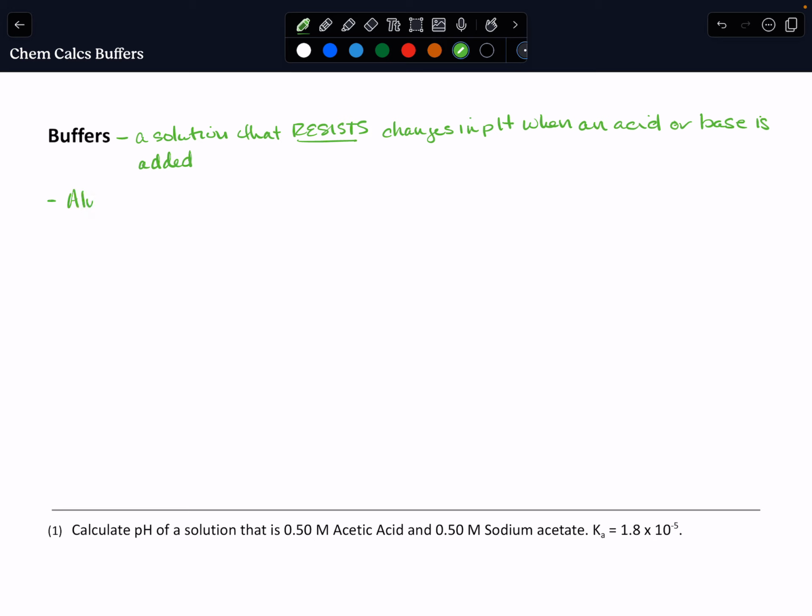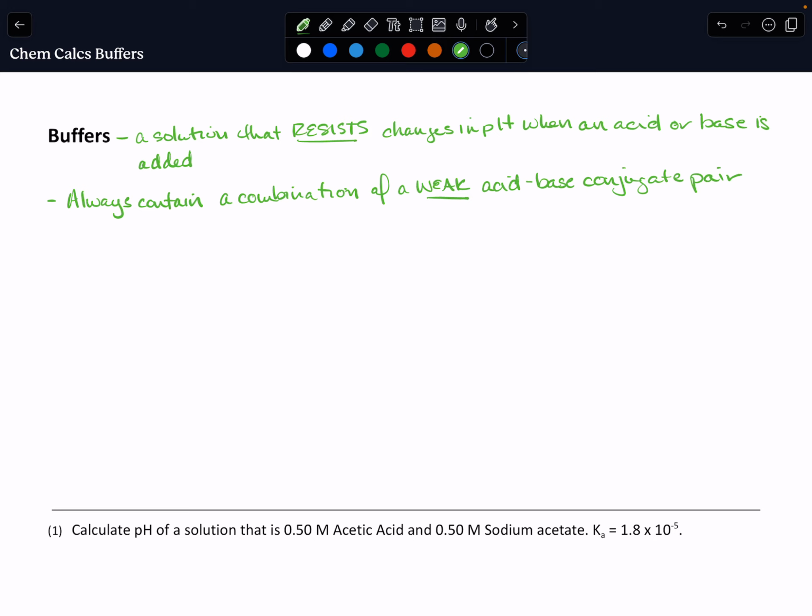All right, these solutions always contain a combination of a weak acid base conjugate pair. All right, so you could use acetate and acetic acid.